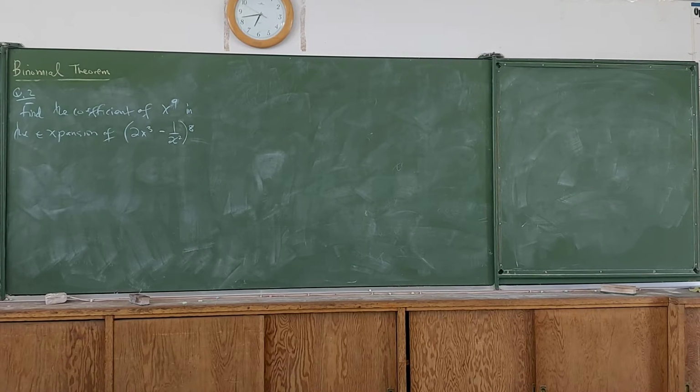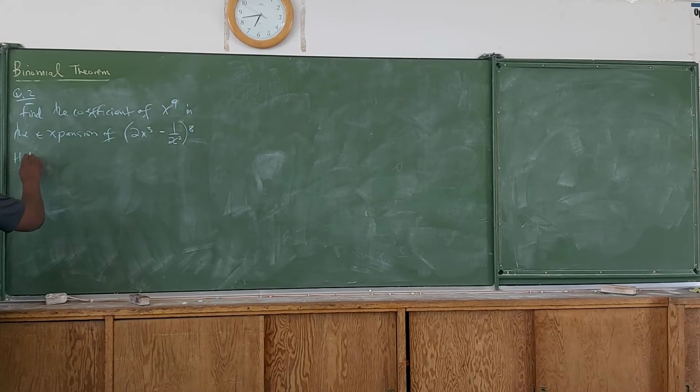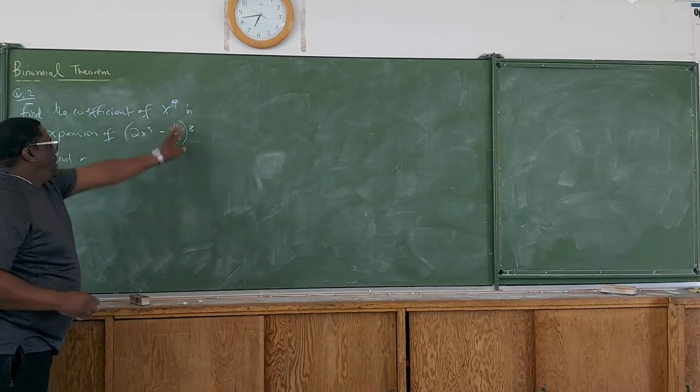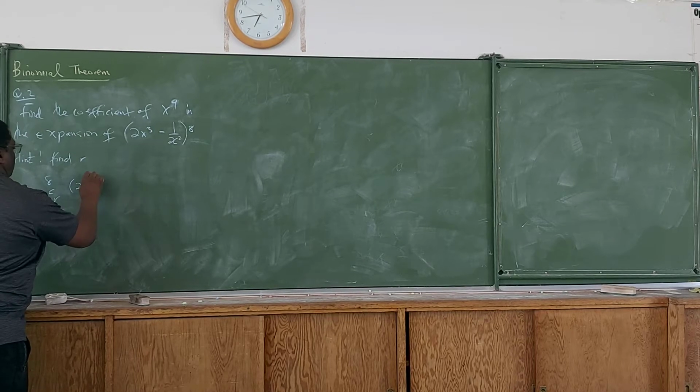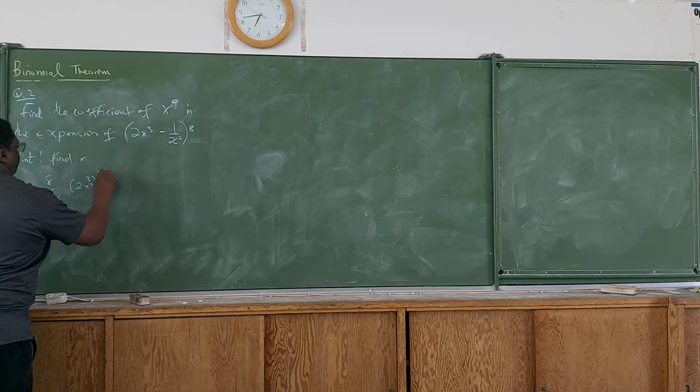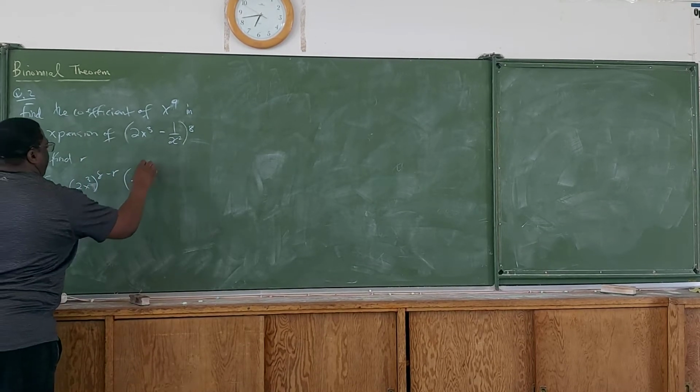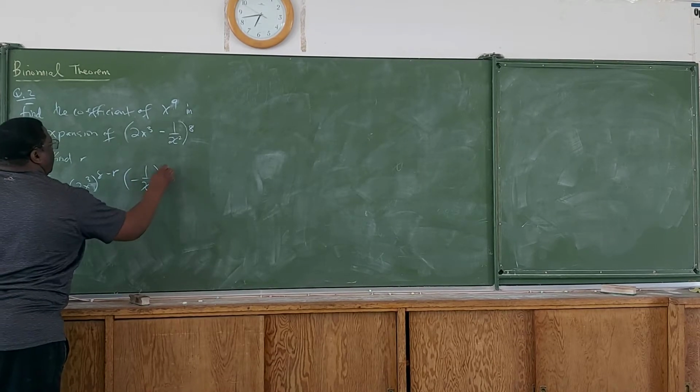That's why I'm saying this thing is 8 choose r, 8 choose r, times 2x cubed to the power 8 minus r, times minus 1 over x squared to the power r.